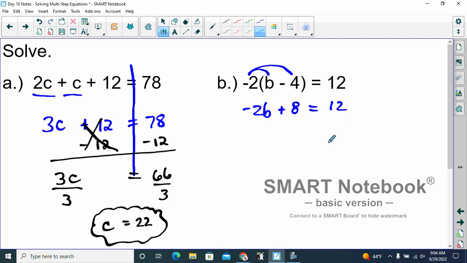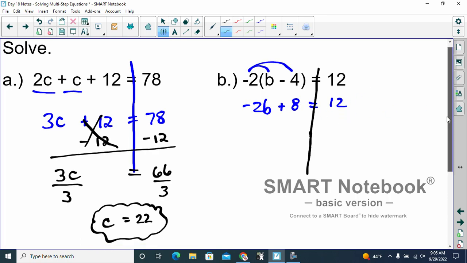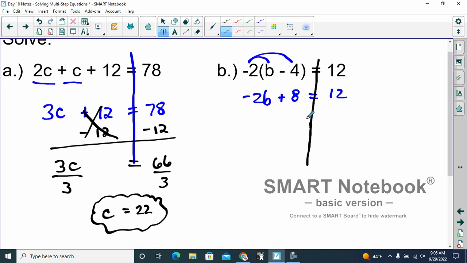Step 2 says combine like terms. When I'm looking for like terms, I'm looking on the same side of the equal sign. I have nothing to combine over here. I just have 12 on this side. There are no like terms to combine, so we can solve our two-step equation. Subtract 8.